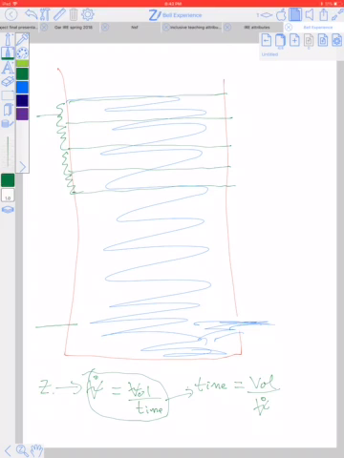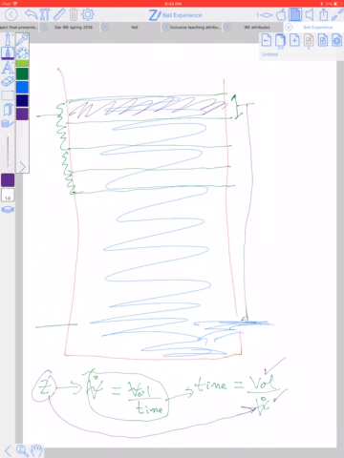So in other words, the time that it takes to drop 1 inch would be the volume of 1 inch, which we can get because it's just a cylinder, divided by the volume flow rate, which we can get from the equation on the previous page. And now we can predict how long it takes to drop this inch.